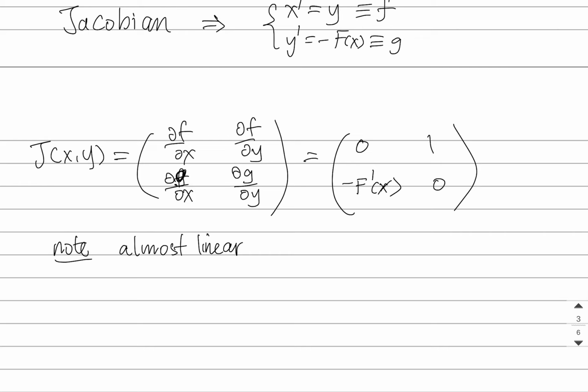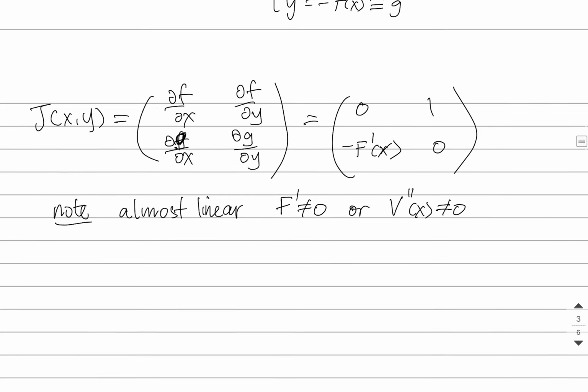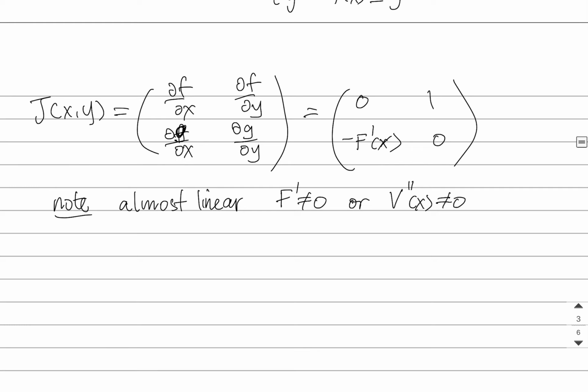So that means we're going to be almost linear when this f prime of x is non-zero. Remember that f prime of x is just related to this potential energy here. So this Jacobian expression, remember we're going to have to plug this in at the equilibrium points. Remember, the equilibrium points are just constants.